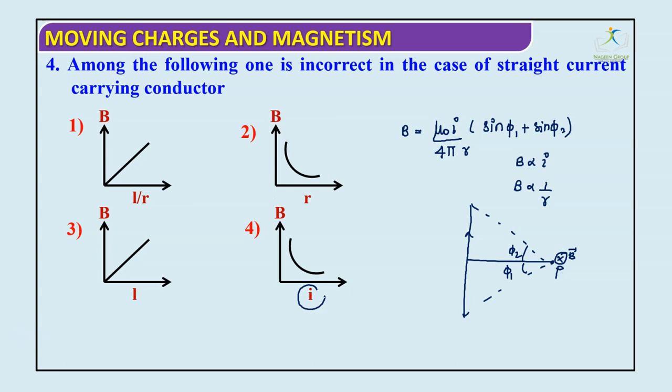Since B is directly proportional to I, the graph should be a straight line, because if we increase the current, the strength of the magnetic field increases. But the diagram showing here is completely different. So the wrong answer will be 4.